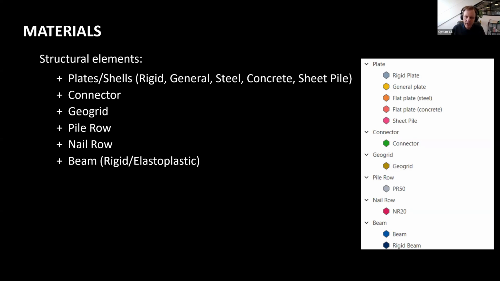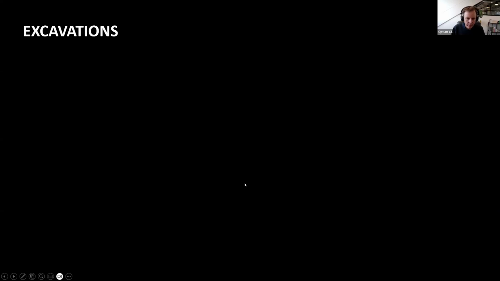It has very different properties about two axes: the weak axis, where you have very little strength and stiffness, and the strong axis, which usually governs things. Geogrids, pile rows, nail rows, both in 2D and 3D, and then actual 3D beams for use in 3D.